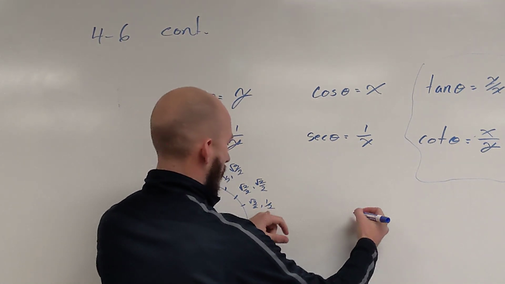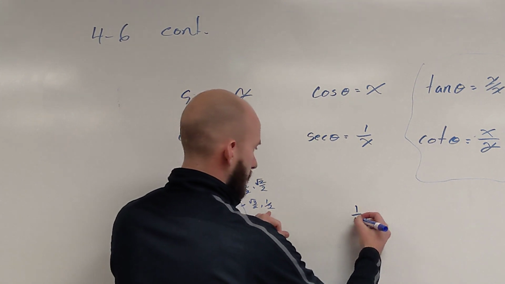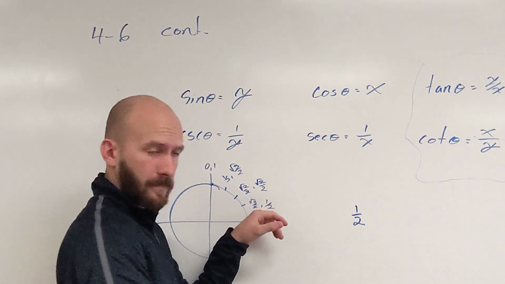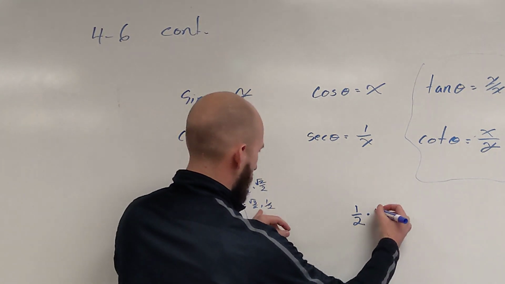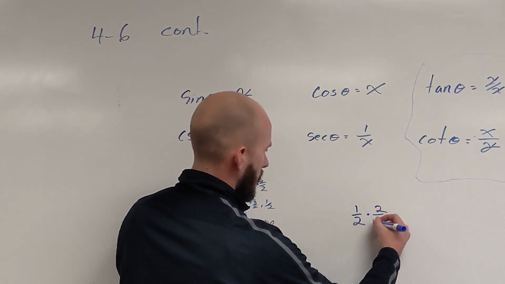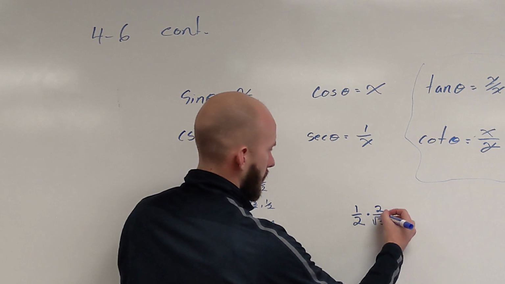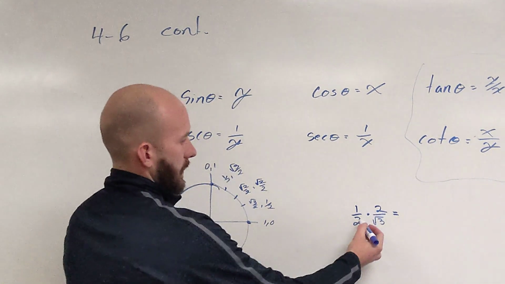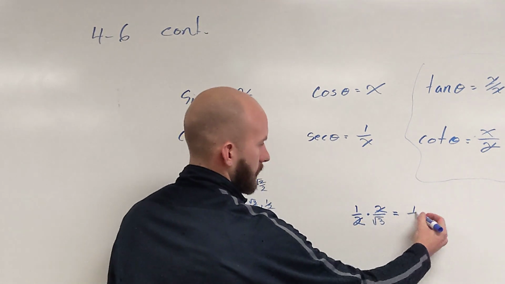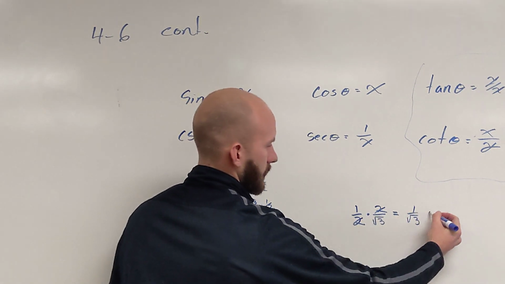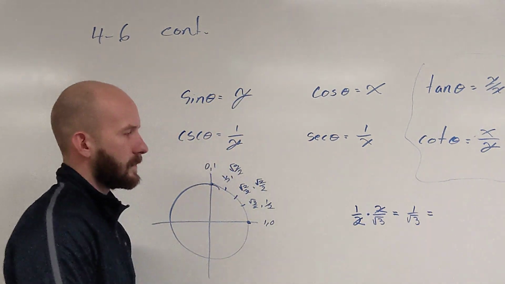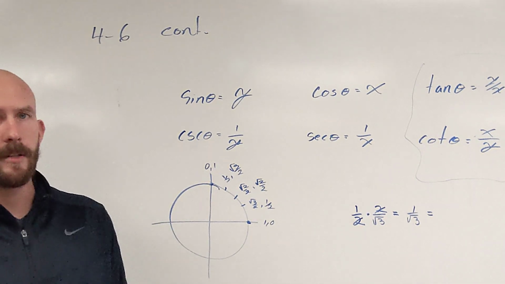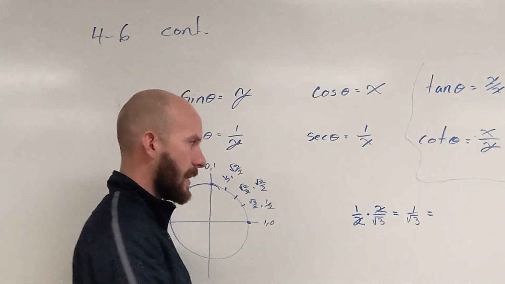If I do y divided by x, how do I divide a fraction? Multiply by the reciprocal. Okay, so I'm going to put times 2 over the square root of 3. And since I get a radical in the denominator, I would have to rationalize that.